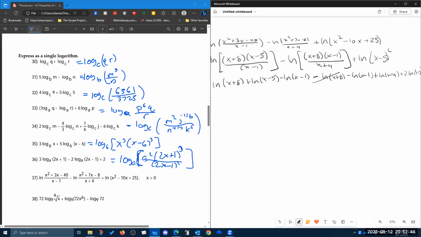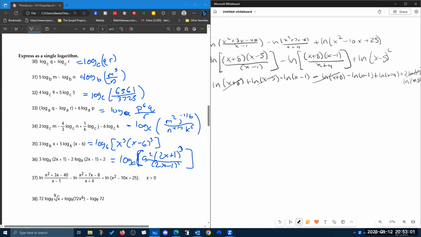So that makes a 0, and one of these makes a 0. And I've got an ln of x minus 5 left.